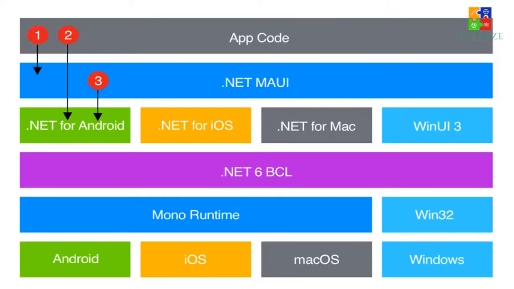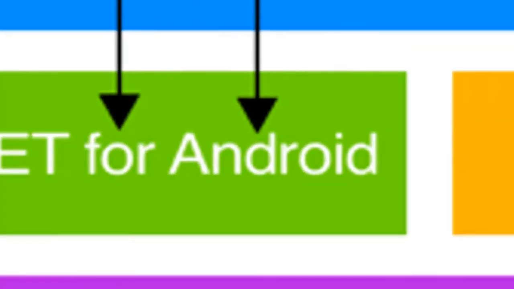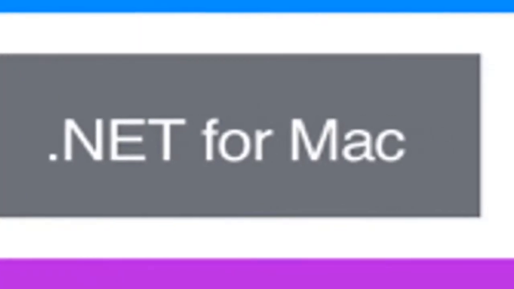This diagram shows a high-level view of the architecture of a .NET MAUI app. .NET 6 provides a series of platform-specific frameworks for creating apps: .NET for Android, .NET for iOS, .NET for macOS, and the Windows UI 3 library.